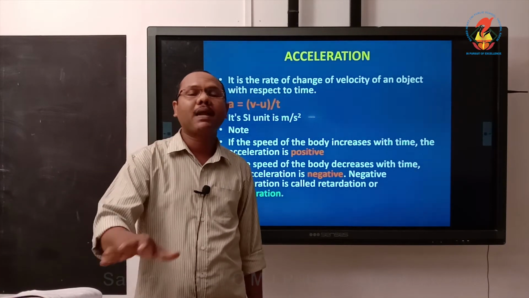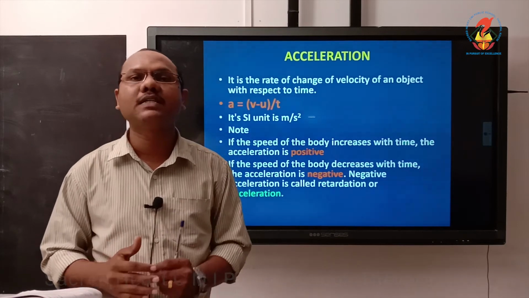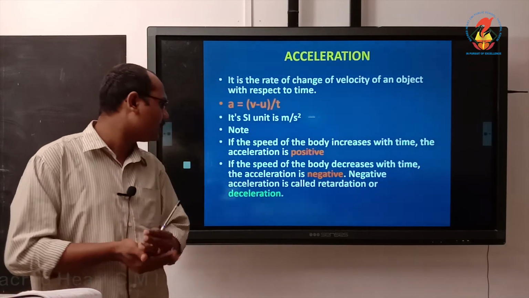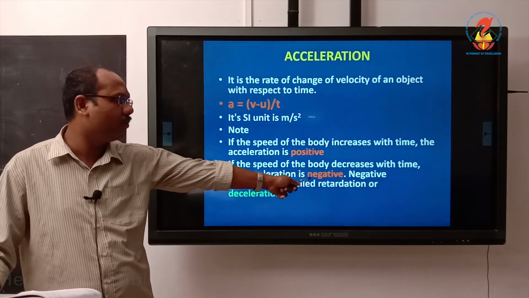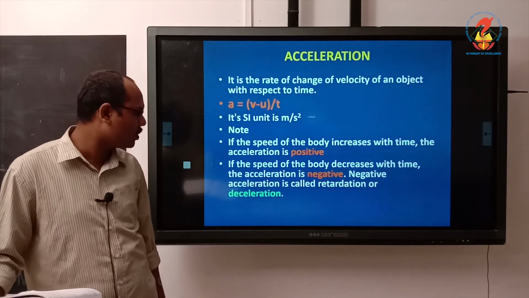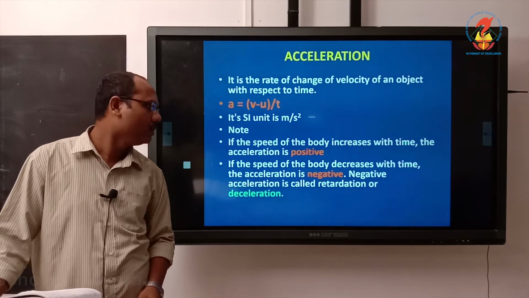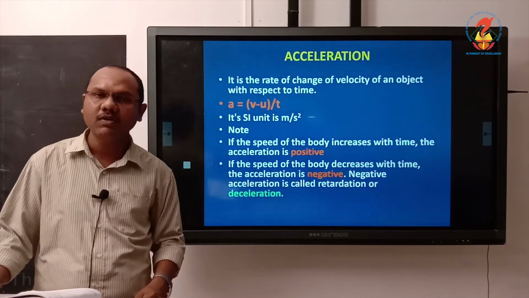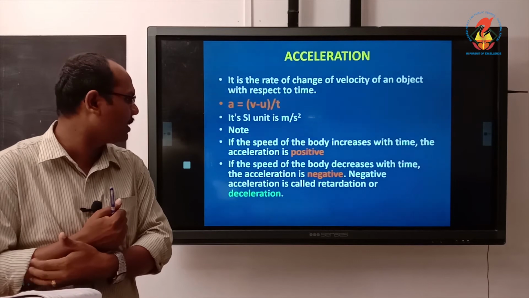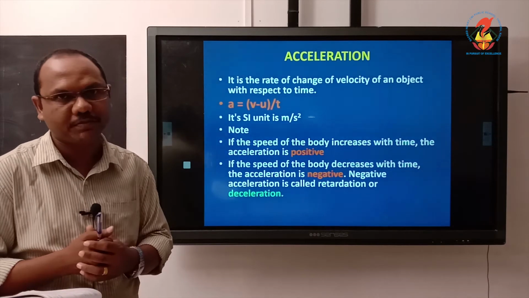And when we apply the brake, we are reducing the speed, so the acceleration is negative. Negative acceleration is called retardation or deceleration.